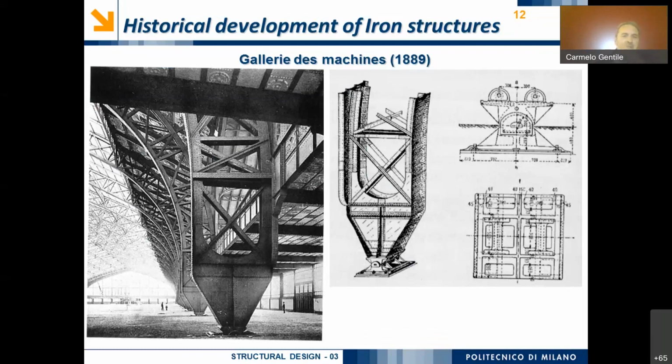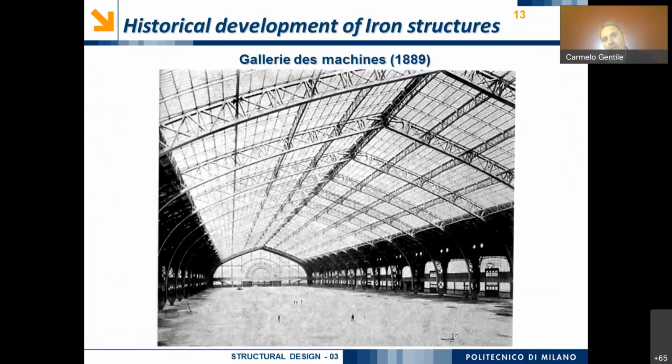But this kind of structure is very interesting because you can see something very similar in the railway station of Milan. In the railway station of Milan, we can observe at the base of the columns some hinges which are very similar to the ones that were present in the Galerie des Machines.